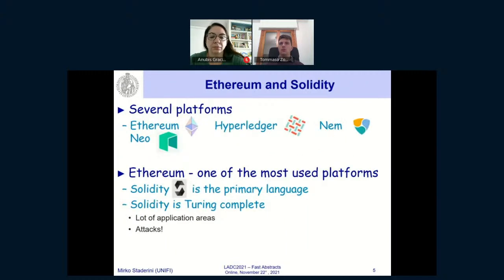There are several platforms for smart contract development: Ethereum, Hyperledger, and some others. Ethereum is one of the most used platforms, and it has Solidity as its primary, Turing complete language. So it permits building applications in a lot of different areas, but it also has a problem, in the sense that it is vulnerable to attacks.